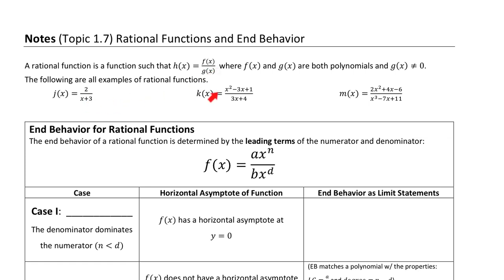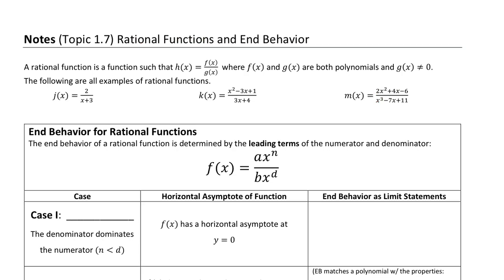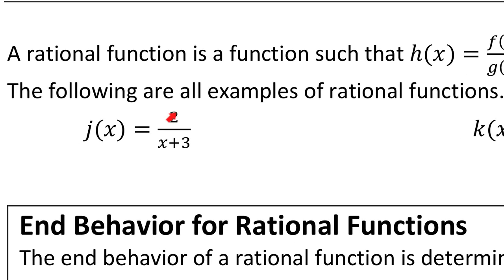So these three functions here are all rational functions because if we zoom in, you don't have to write this down, but just look. What type of function is on top here in the numerator? Is it even a number? It's just a plain number though, right? What kind of function is it called when it's just a plain number? Constant. It's a constant function on the top. That's degree 0.